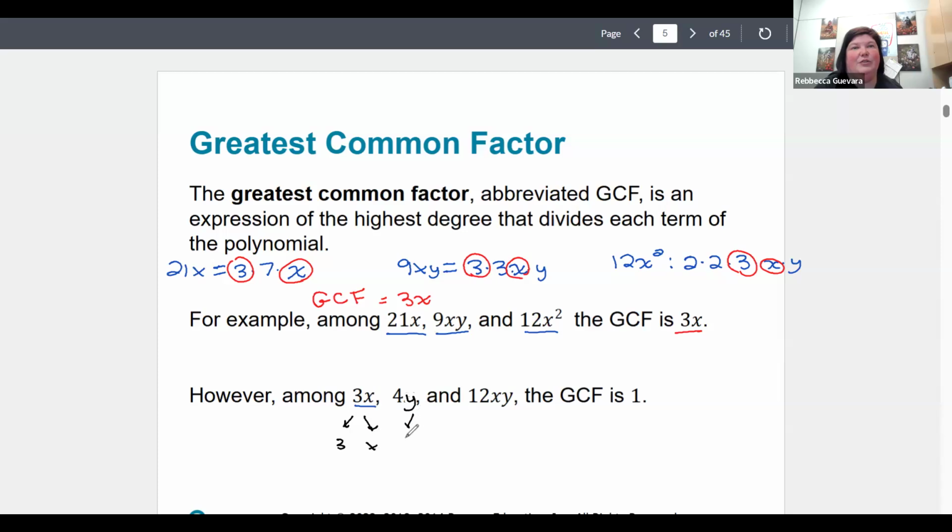This breaks down into 2 times 2 times y. And then this breaks down into 2 times 2 times 3 times x times y. Not all of them have an x. Not all of them have a 3. Not all of them have a y. Not all of them have a 2. So there's nothing common here. So your GCF would just be 1. That is the only number I can divide into all those terms.